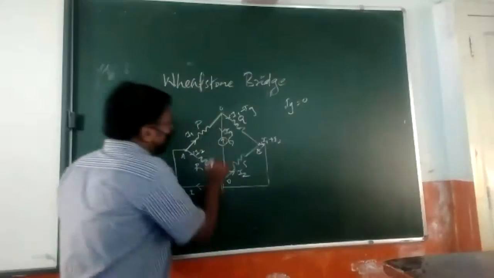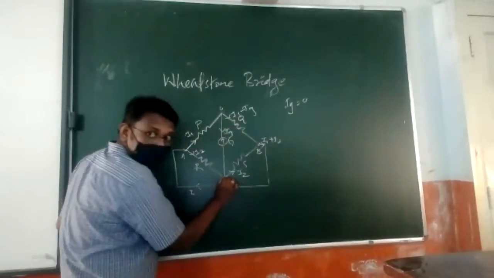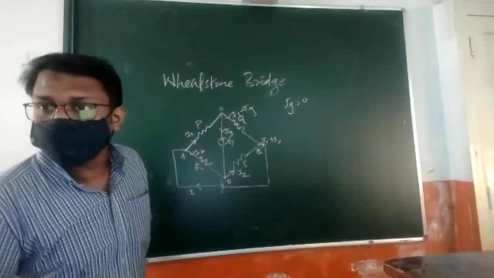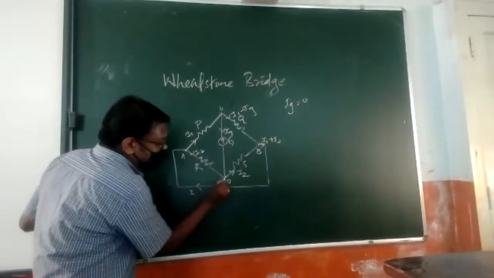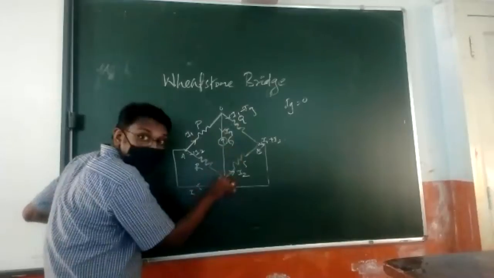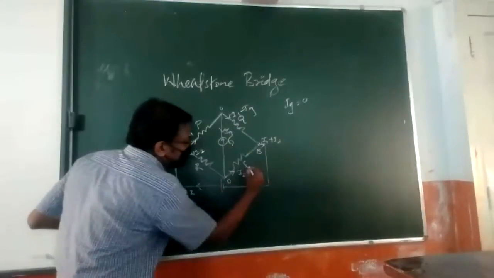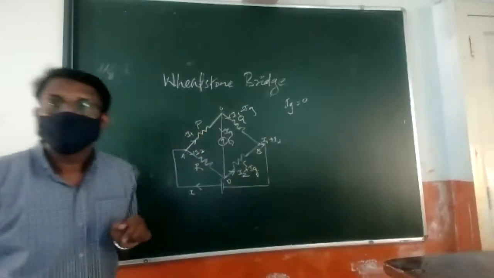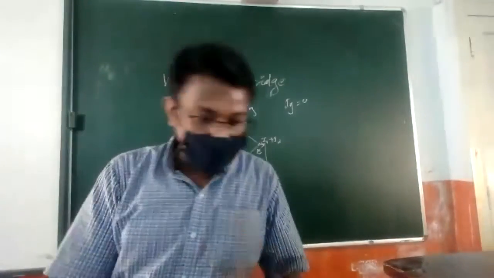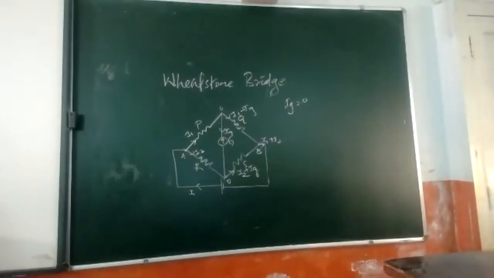And one more thing, when Ig is going down at the point D, I2 is coming to the point D and Ig is also coming to the point D. Then the current actually flowing through S is I2 plus Ig.